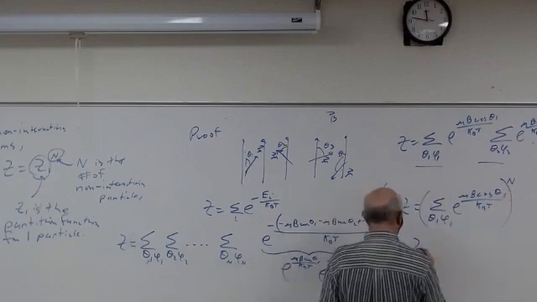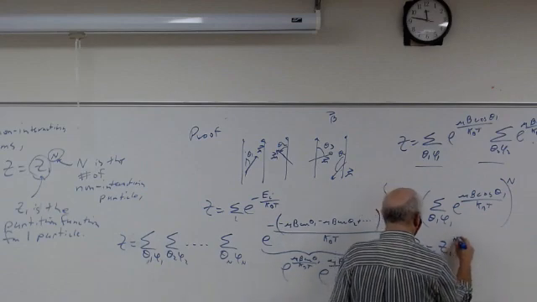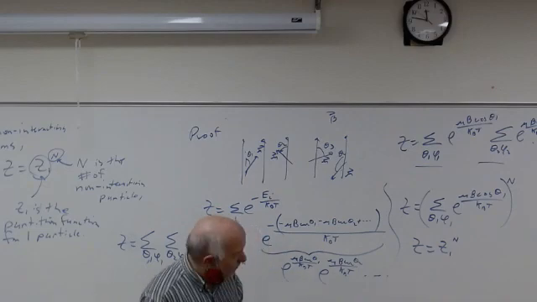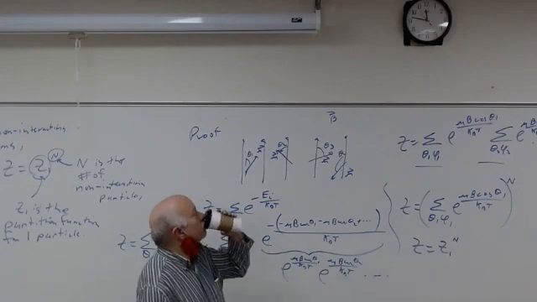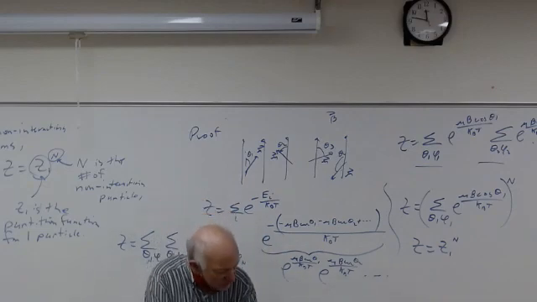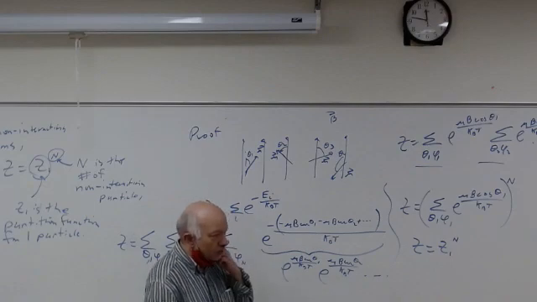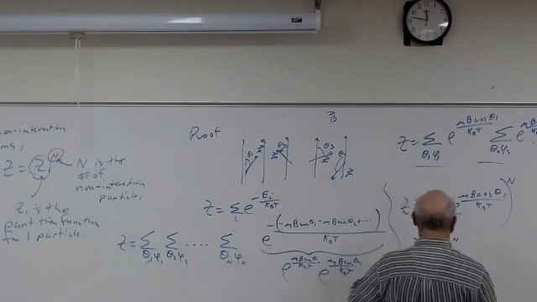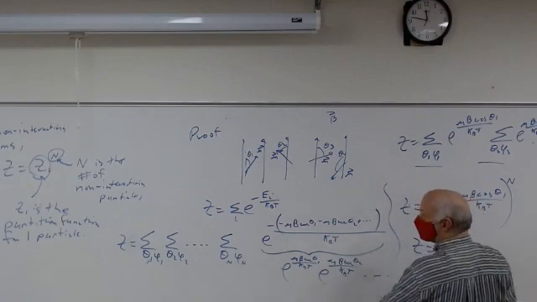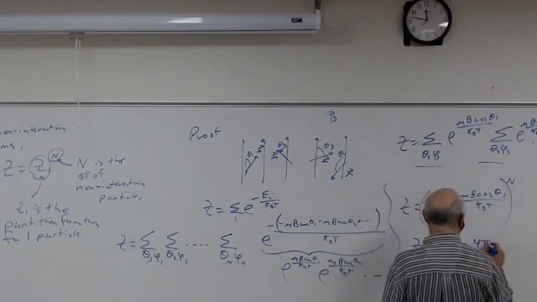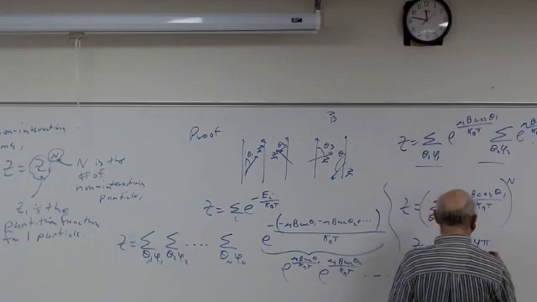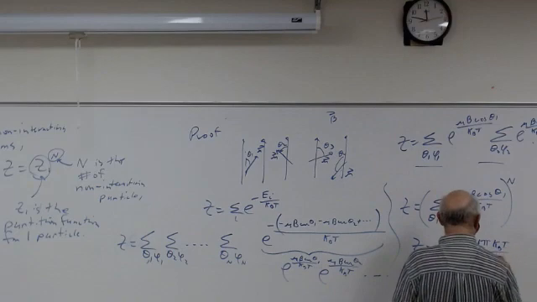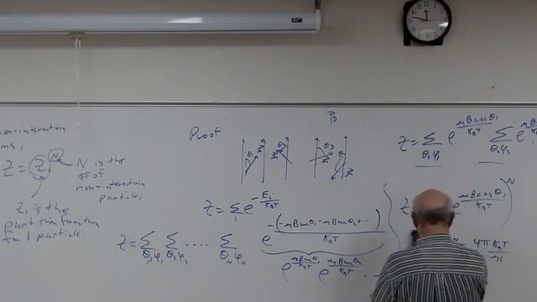So this is why we have the famous Z equals Z1 to the N. Does that make sense? Yep. Okay, any questions? So what we can do is I can really just say that in our case, we're going to have this 4 pi, this kB T over mu B actually.